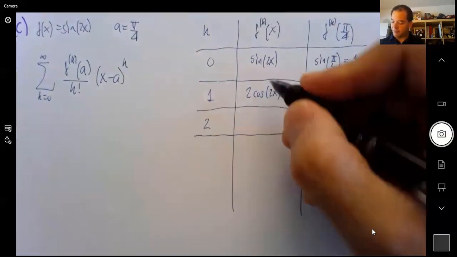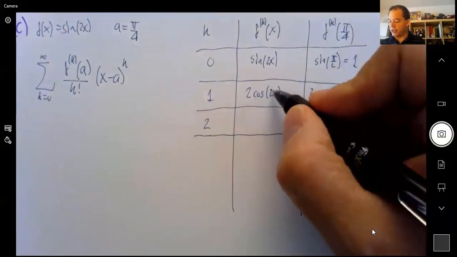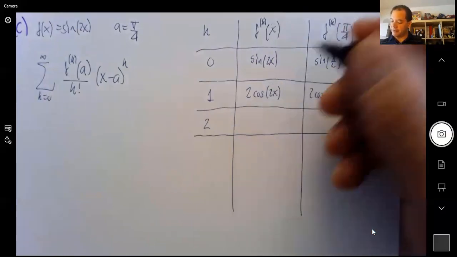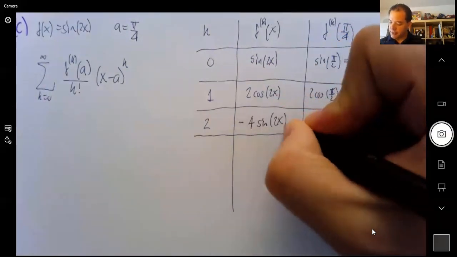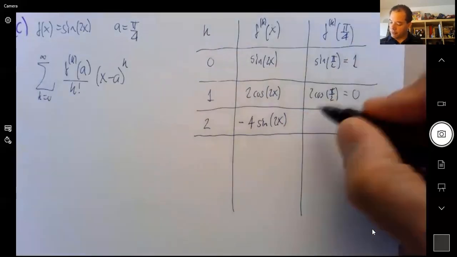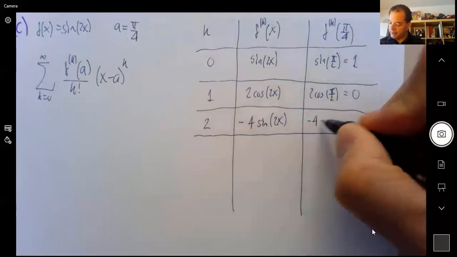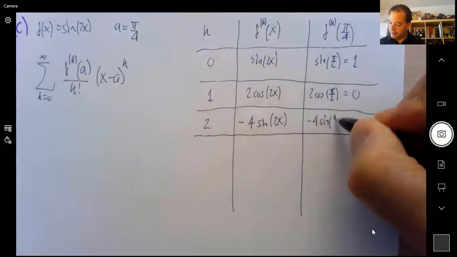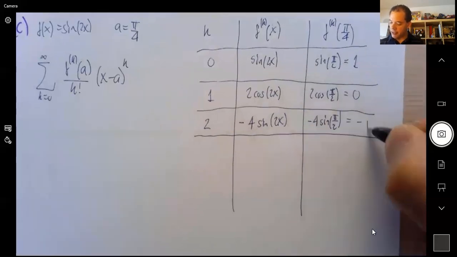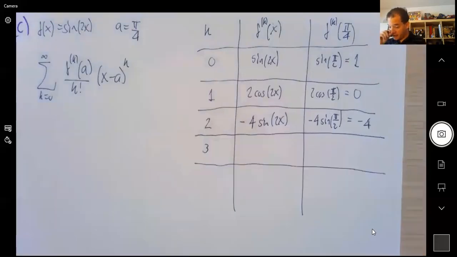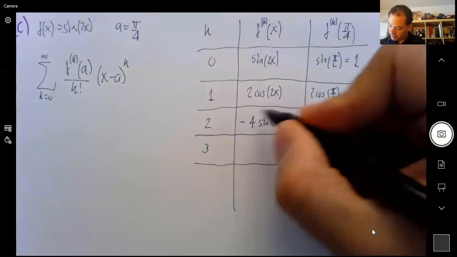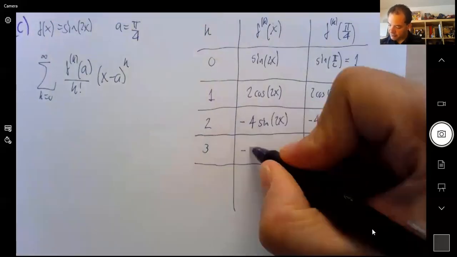Second derivative. We're going to get another 2 here. The derivative of cosine is negative sine, so now it will be negative 4 sine 2x. When I plug in pi over 4, it will be negative 4 sine of pi over 2, so that's negative 4. Okay, we got 2. The third derivative will have another 2, so negative 8 cosine 2x.